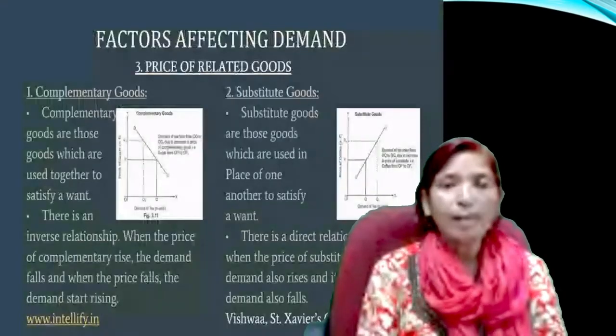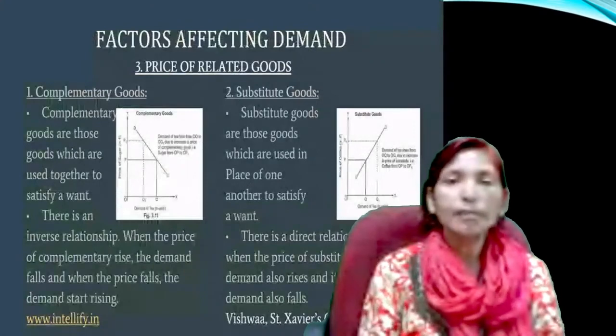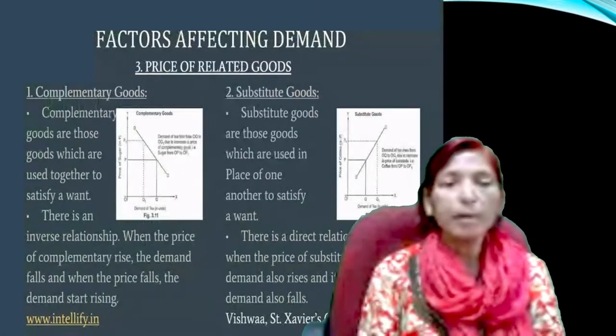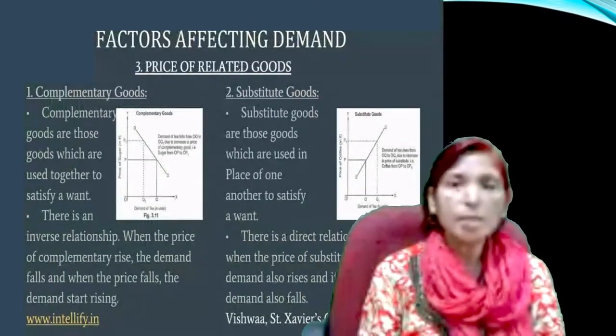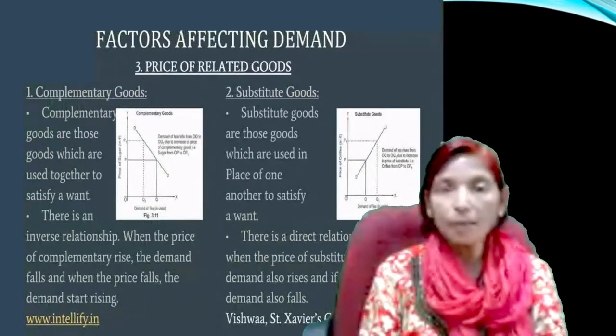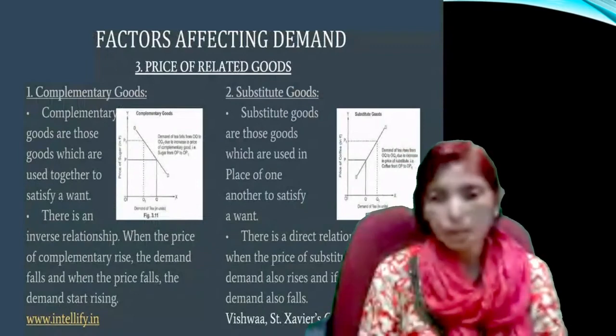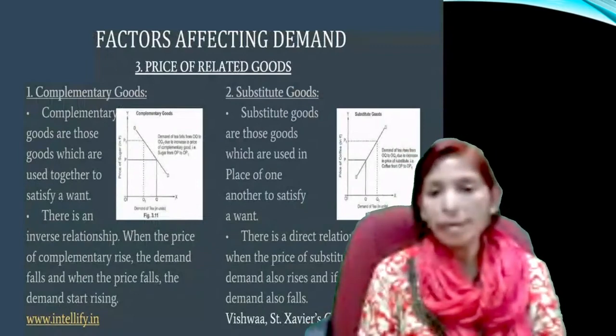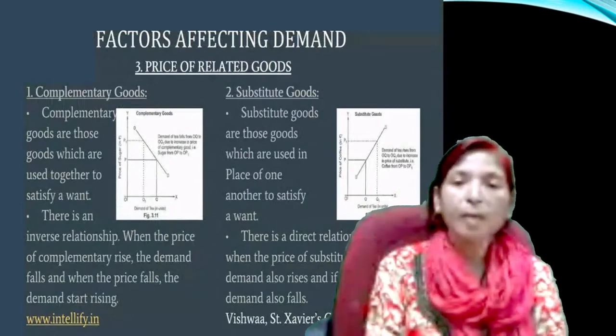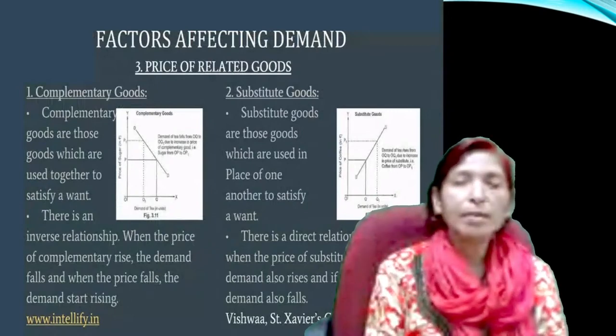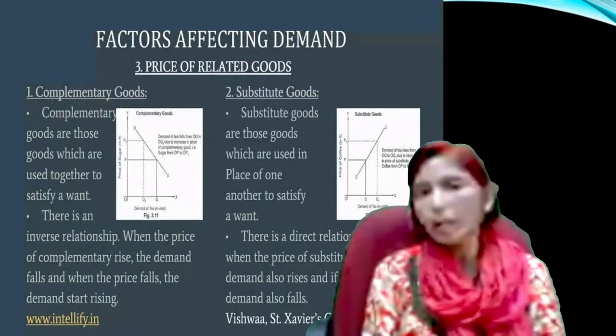Next, the factors affecting demand in case of substitute or complementary goods. In case of complementary goods, the demand curve will be downward sloping, and in case of substitute goods, the demand curve will be upward sloping. Because on the x-axis, if we are taking demand for tea, and on the y-axis the price of coffee: as the price of coffee rises, demand for tea will rise.